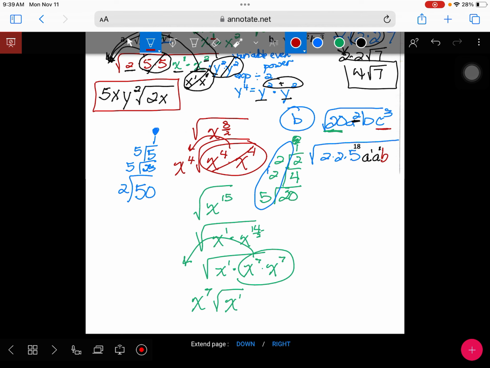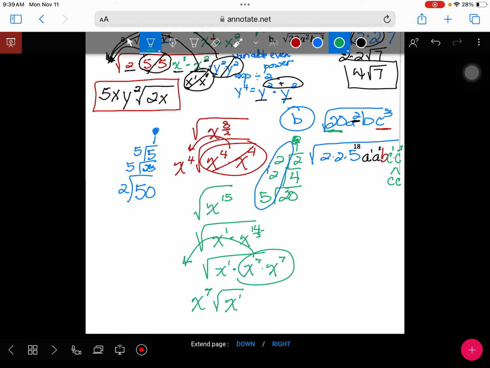And C to the 3rd is going to be C to the 1st times C squared. That C squared, if you take the square root out of something that is squared, that is C to the 1st and C to the 1st. So it's like C squared divided by 2.